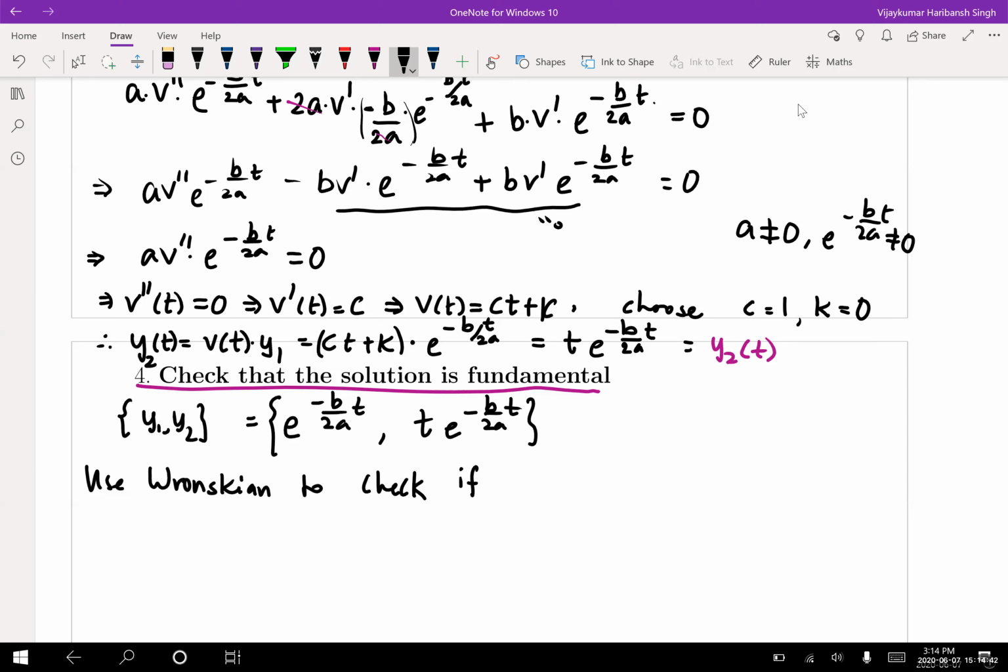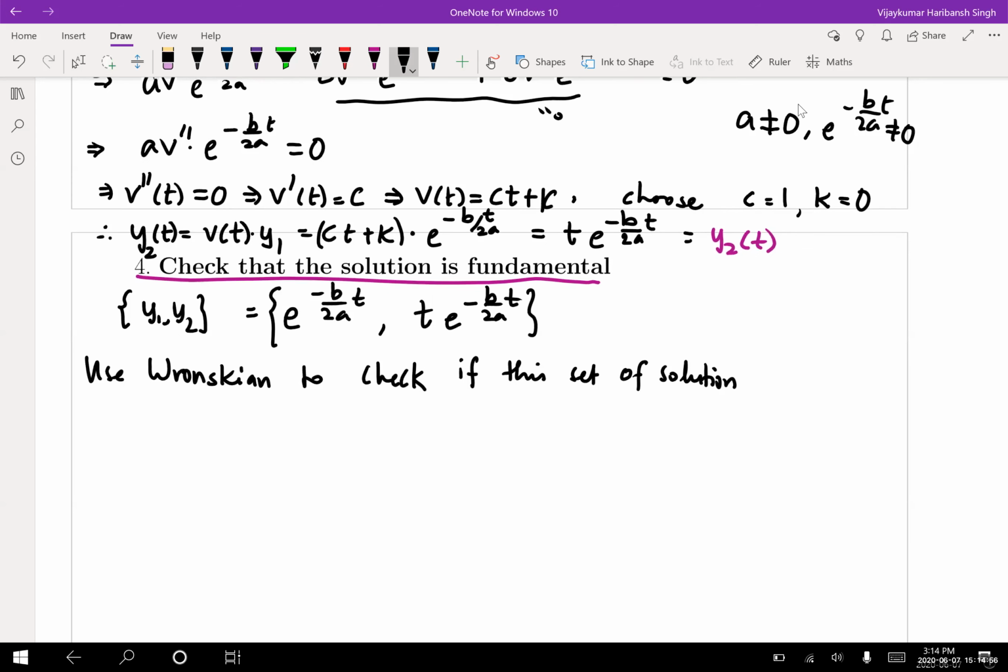That's what it means by solutions being fundamental: that this set of solutions is fundamental.